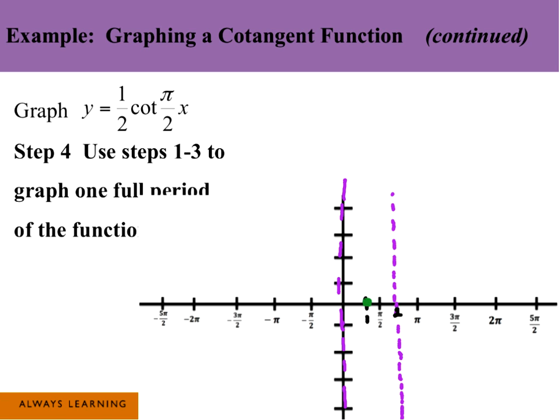And then I also have the point 1/2, 1/2, and 3/2, -1/2. So I follow that asymptote without crossing it, and then swoop over, and then approach that other asymptote. All right, so there's one period of the translated cotangent function there. You good, Roy? Excelente.